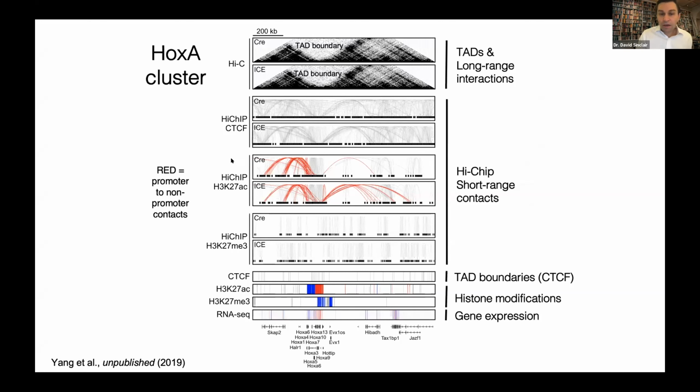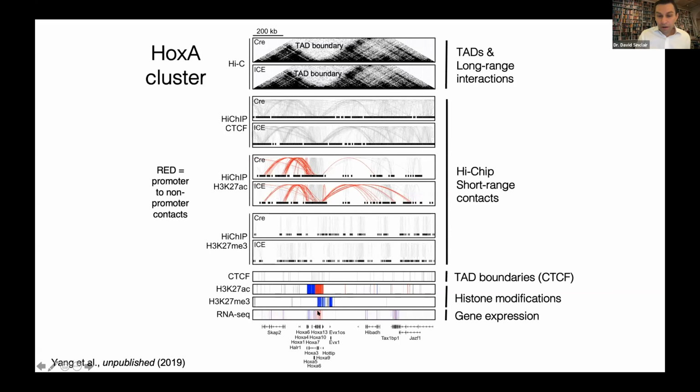And what you can see is that the control cells that were not cut, this is just the Cre control, these are basically just passaged cells, they have a regular type of contact between various regions within the proximal Hox locus. But if you cut the cells with this PPO enzyme and let them recover, you might say, okay, those cells look pretty similar. But at the chromatin level, there's huge changes.